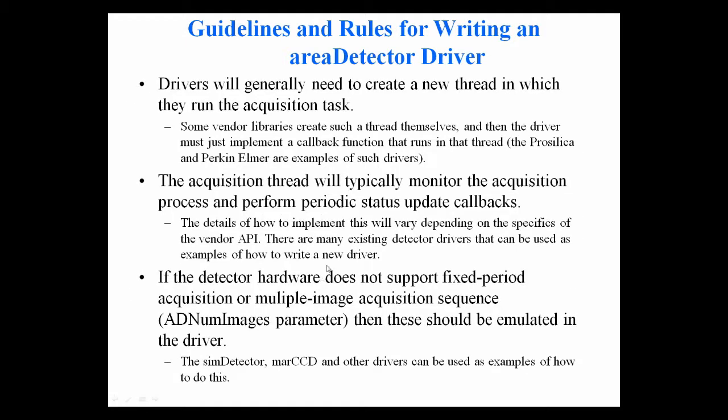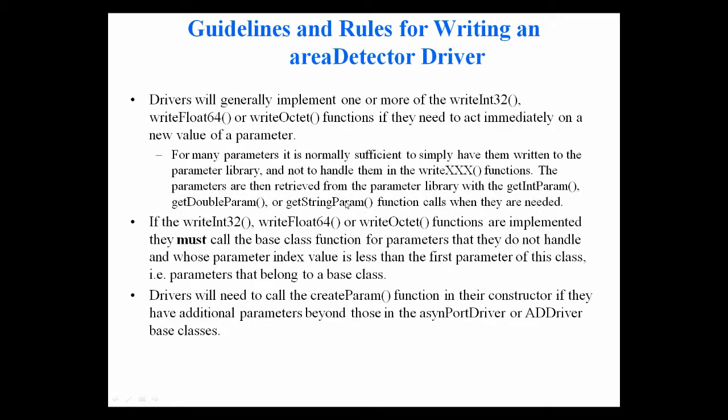And for those of you who were here for the area detector demo in the afternoon, you may remember that the HDF5 file writer was not switching where it got its arrays from when we typed into the port field. It was always getting its arrays from the driver, and we couldn't switch it to the ROI plugin.